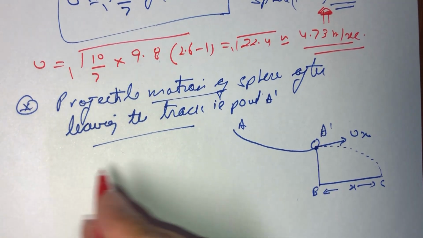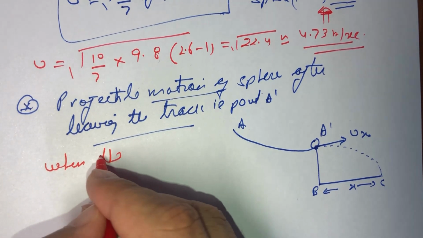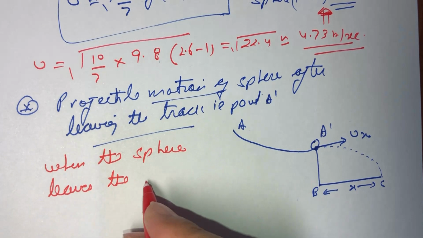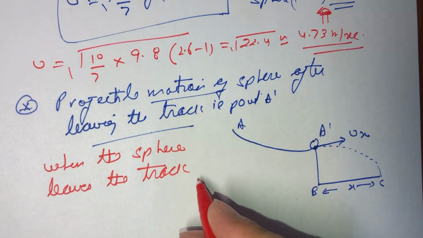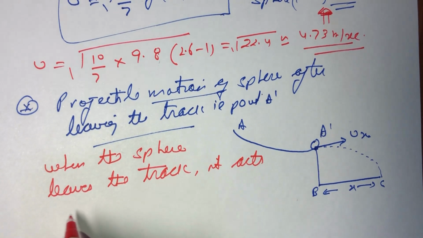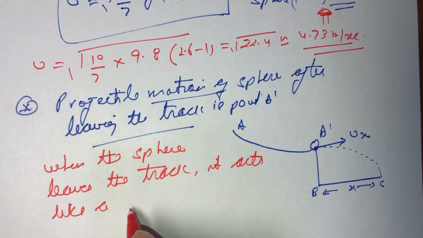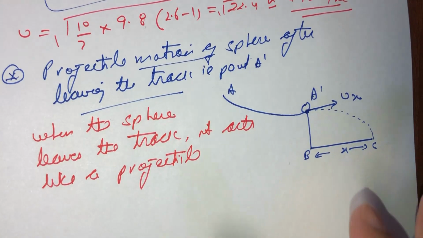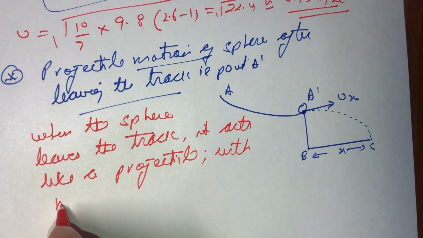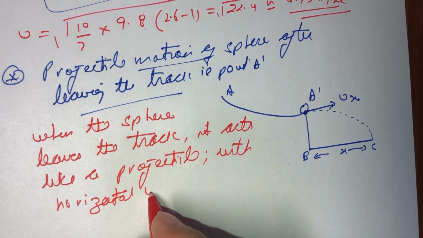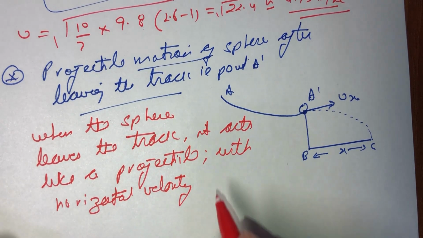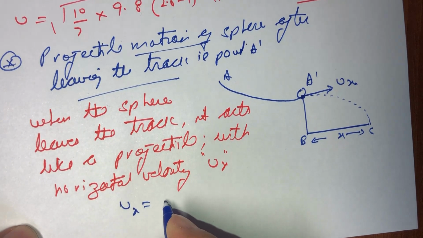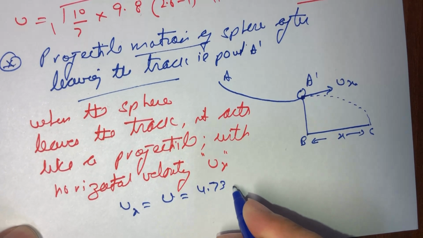So we can say that when the sphere leaves the track, it acts like a projectile with the horizontal velocity Vx, and this Vx will be equal to V, which is given as 4.73 meter per second.